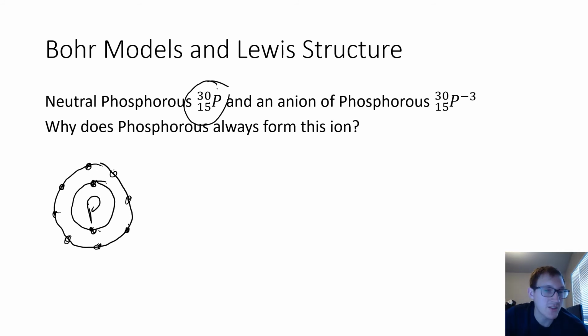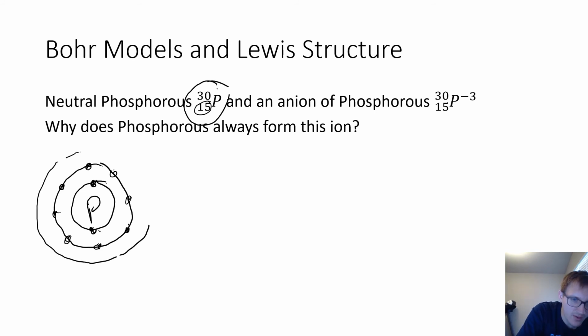So right now I have a total of 10, but if you notice, my atomic number is 15, so I need 15 of them. So that's 10, and I have another one, and 1, 2, 3, 4, 5.